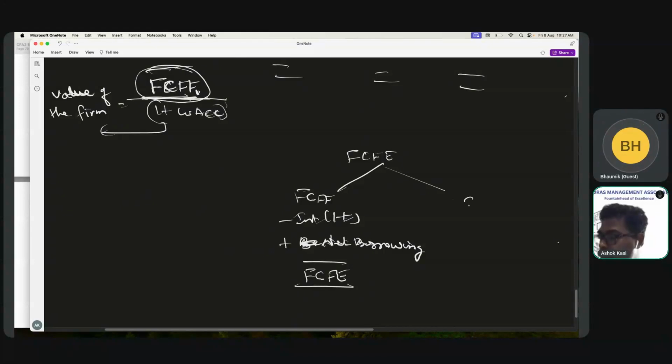Then from the CFO perspective, it will be minus interest, not plus, because in CFO the interest is already deducted, which is what we wanted. Then fixed capital investments.